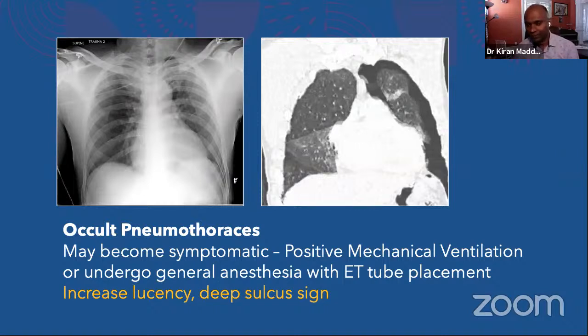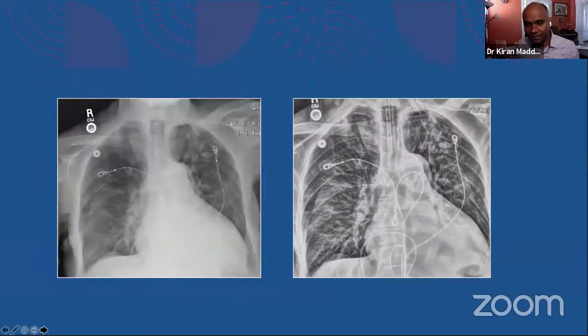If you and I don't pick them up, and the patient is subjected to positive pressure mechanical ventilation for any reason, or has to undergo general anesthesia with endotracheal tube placement, that's when the tiny occult pneumothorax becomes big, and it may even cause tension pneumothorax. So knowing all these subtle things on chest radiographs makes a difference in the management of the patient.